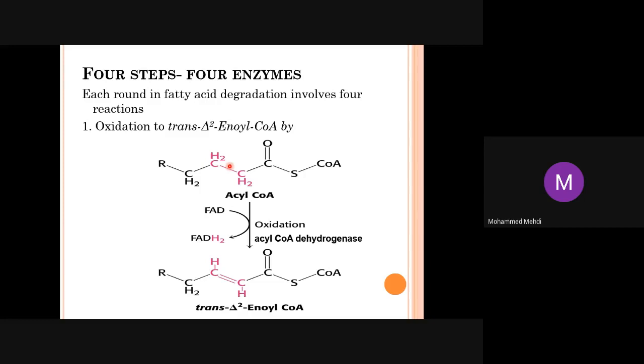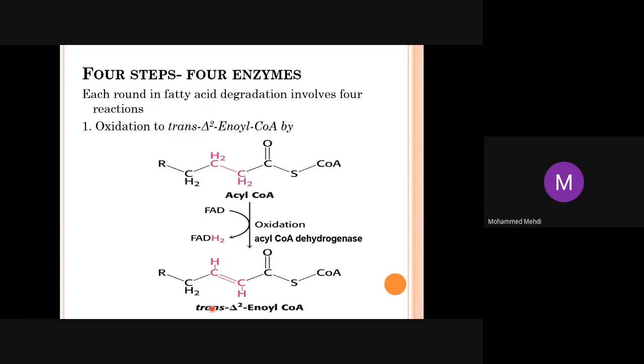Naturally, fatty acid do have a cis double bond, but during beta oxidation, we form a trans double bond. So this one is the one formed during beta oxidation. The hydrogen atoms next to this double bond will be found in opposite direction. We call it a trans.